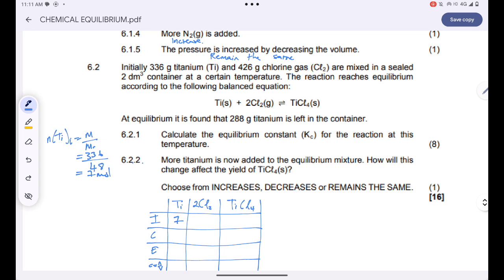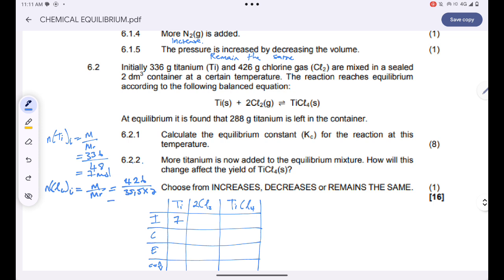Let's go and find the initial number of moles of our chlorine gas. The number of moles of chlorine initially, I simply have mass divided by the molar mass as well. The mass that I was given is just 426. Molar mass for chlorine is just 35.5, but I have 2 of them, so I'm just going to multiply it by 2. 426 divided by 35.5 times 2.